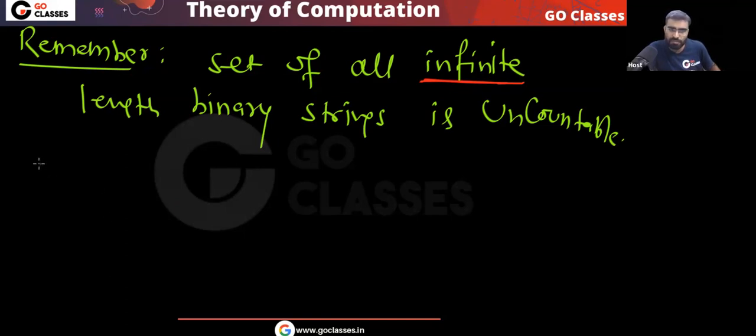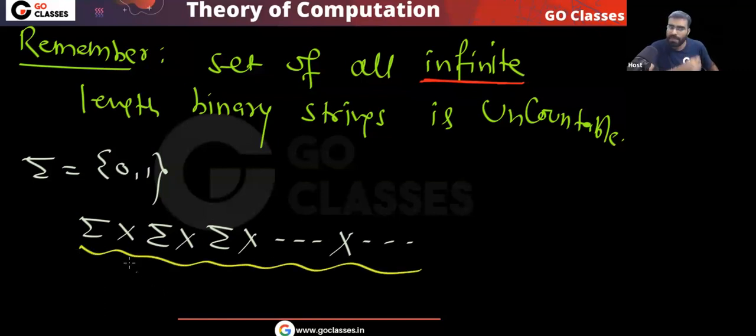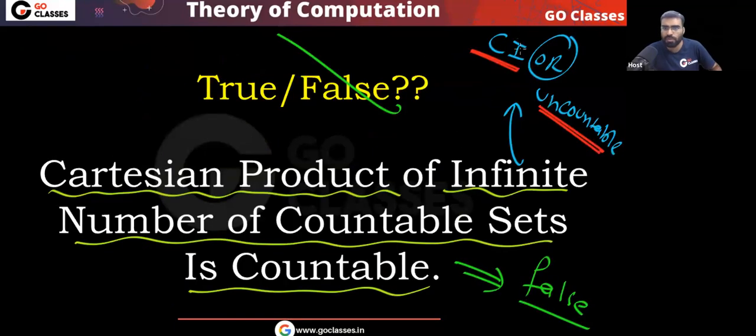Now, can you notice one thing? Let's assume sigma is {0,1}. Now tell me, if I do sigma cross sigma cross sigma, and I keep doing this countably infinite number of times, or maybe infinite number of times, when I say infinite, it can be countably infinite or uncountable.